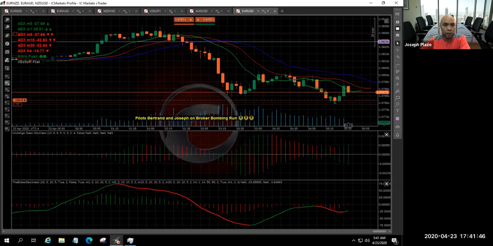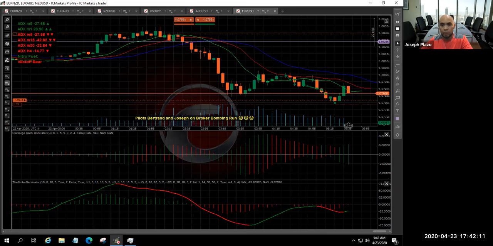So I'm just waiting, and I see right now that we are having 2 pips per minute, not that bad, but the vector is still flat, meaning that it's still quite a rangy market. Now let's wait a little bit more. I've set my take profit to 2 pips.